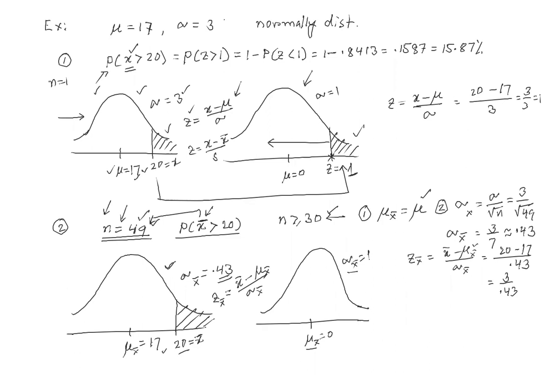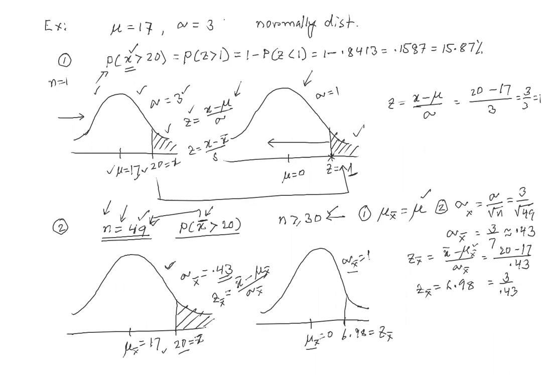And let me do that math for you. 3 divided by 0.43 is going to be 6.97. If you actually round it, it's going to be 6.98. So Z sub X bar is 6.98.